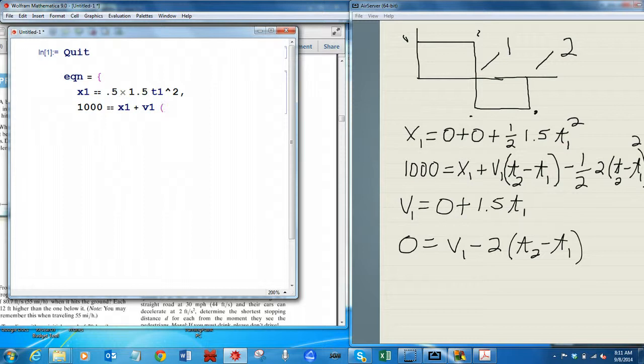Put in a capital E with a little star, right? Whatever. But it'll take it this way. V1 times parentheses T2 minus T1 close, minus 1.5 space 2 parentheses T2 minus T1 close parentheses squared.